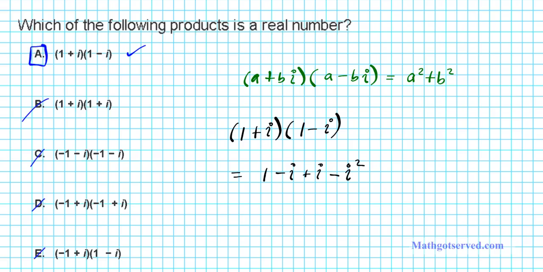Now you must recall that i squared is equal to negative 1. So if I apply that here, I'll have 1. The middle terms cancel out. Negative i squared becomes negative negative 1, which is 1, plus 1, which is 2. This is real because it does not have an imaginary piece. So we can clearly see that our answer is option letter A.